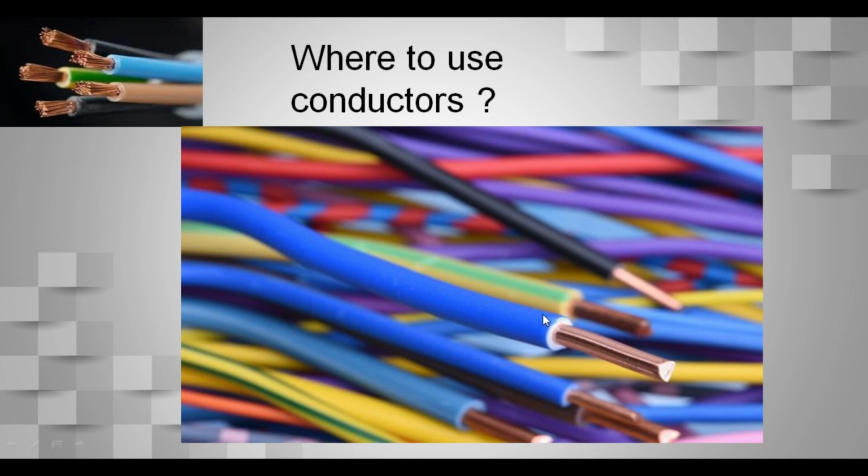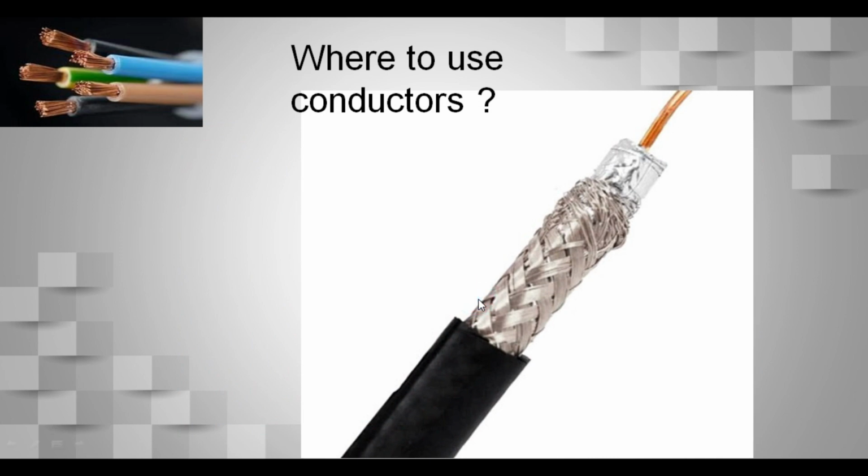This plastic material is an insulator and the conducting metal inside is a conductor. The plastic coating we use for protection. Various cables we use for connecting to the cable dish in our day-to-day life are also examples of conductors as well as insulators.